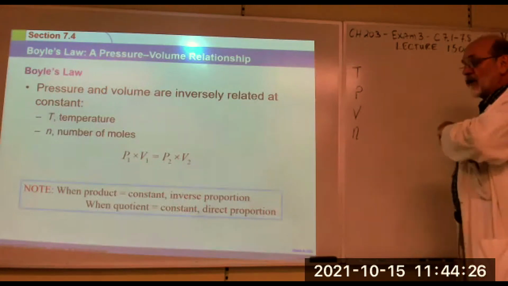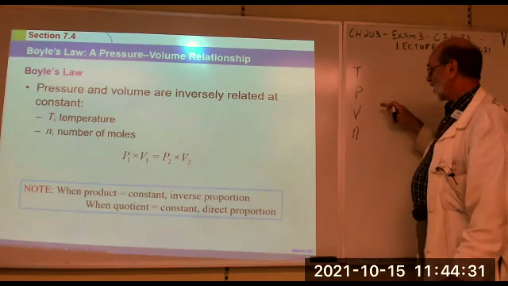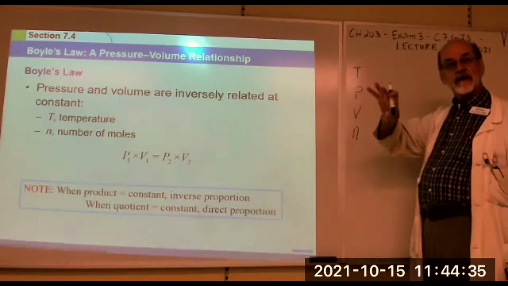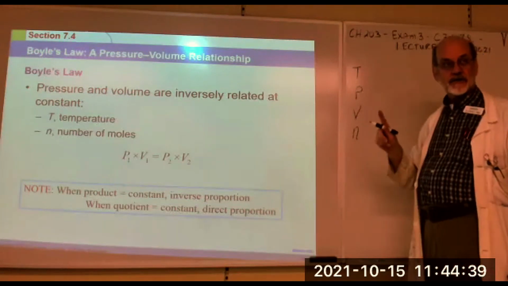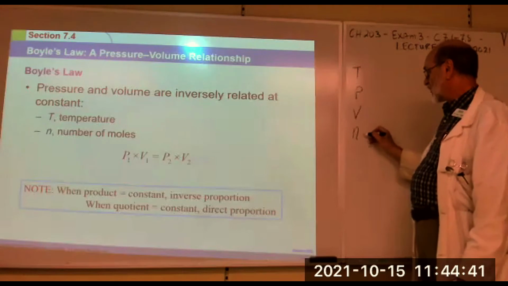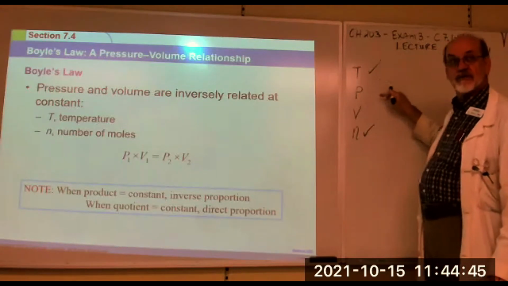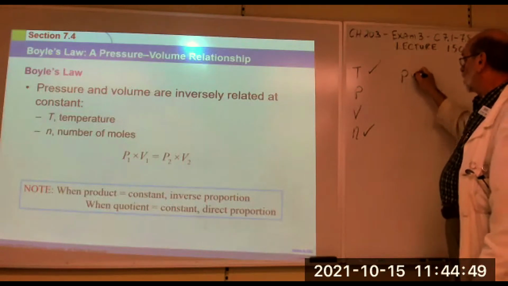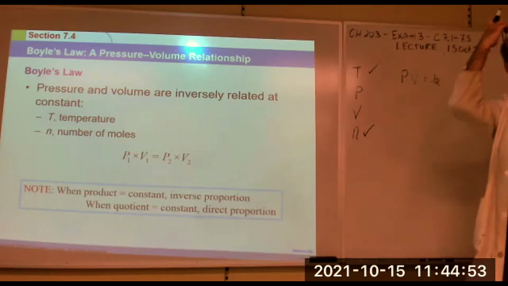And the other factor that you have to consider is that if you're going to let 2 of these vary so you can see how they relate to one another, the other 2 must be held constant. In other words, this would have to be constant, that would have to be constant. Then you can let these 2 vary. And when you do, what Boyle discovered was the pressure times the volume is always equal to a constant value.